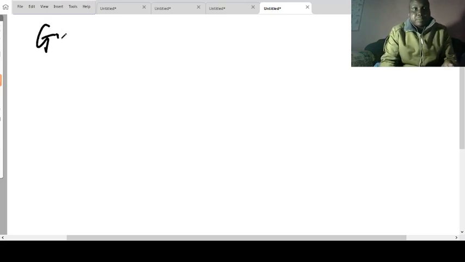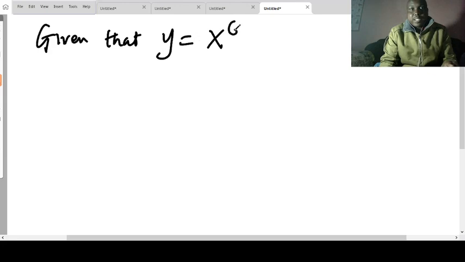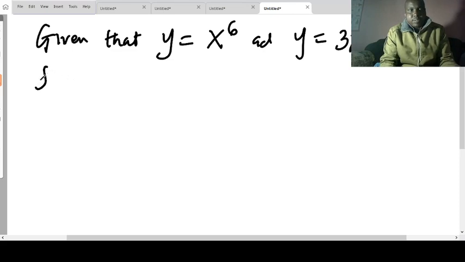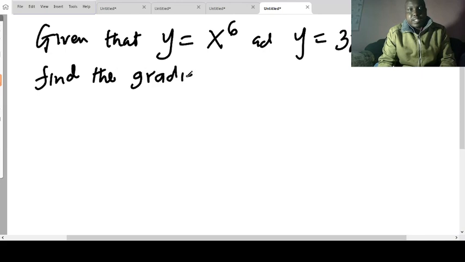So given that y is equal to x raised to power 6 and y is equal to 3x raised to power 7, now find the gradient function of y in both cases.